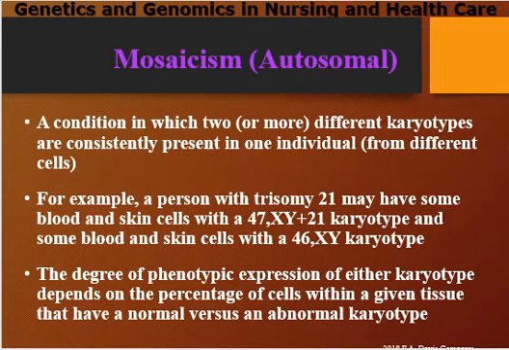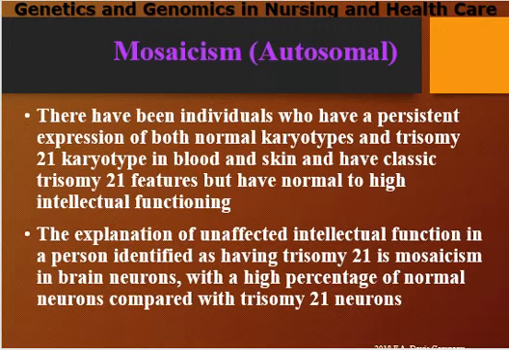Again, the degree of phenotypic expression of either karyotype depends on the percentage of cells within a given tissue that have a normal versus an abnormal karyotype. There's a picture coming up so we can see what that looks like. There have been individuals who have a persistent expression of both normal karyotypes and trisomy 21 karyotype in blood and skin and have classic trisomy 21 features but have normal to high intellectual functioning.